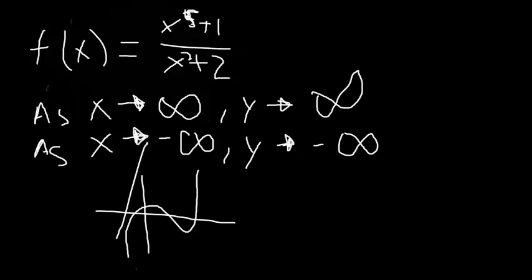Of course, you could flip the whole function with a negative out in front, and the end behaviors would switch. So as x approaches infinity, y approaches negative infinity, and vice versa. But basically, this is how it's going to work.